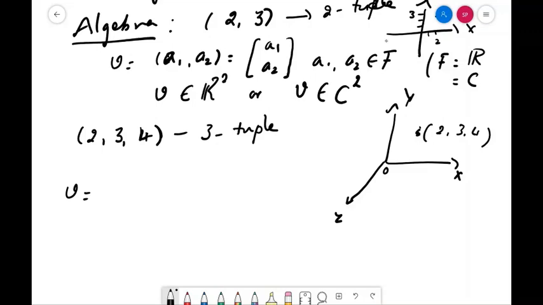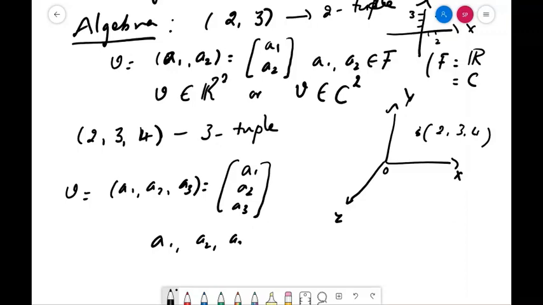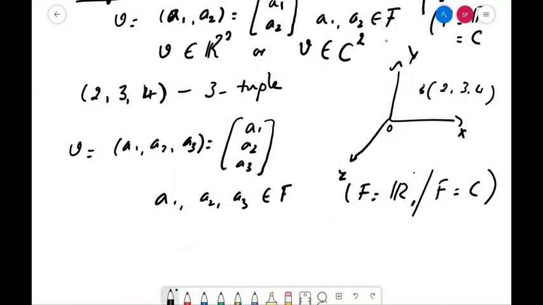In general, the same thing I will write here. v is a vector, suppose (a1, a2, a3), and I will even write it as a column vector a1, a2, a3. Then these a1, a2, a3 are taken from a field F, where F is either the field of real numbers or the field of complex numbers. Then I'll say this vector v belongs to R3, or this v belongs to C3.